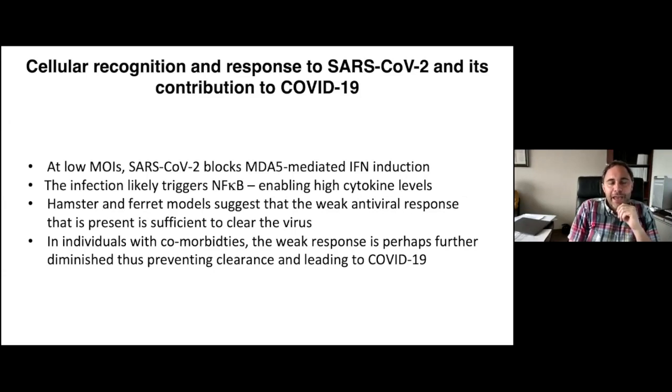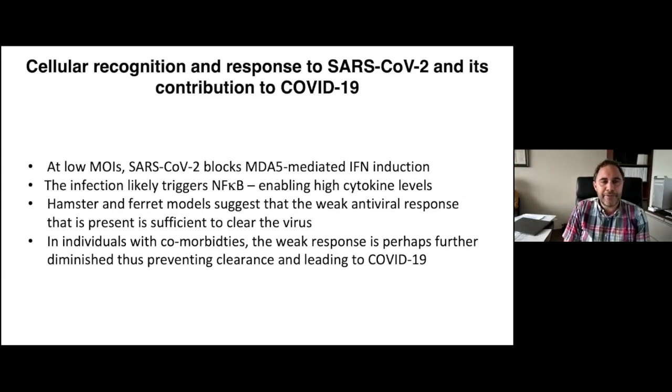And based on the hamster and ferret models, which really are modeling younger individuals, let's say teenagers, getting SARS-CoV-2, the fact that they both recover well and the signatures that they're inducing would suggest to me that the weak response that does ensue, so the few ISGs that we do see, must be sufficient to control local infection to enable your adaptive immune system to neutralize the virus.